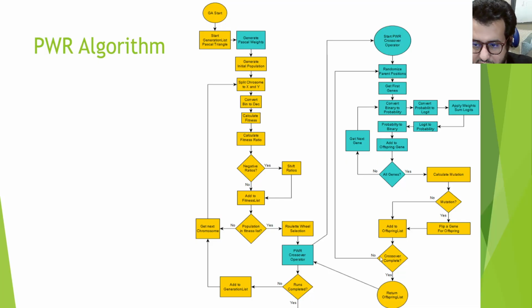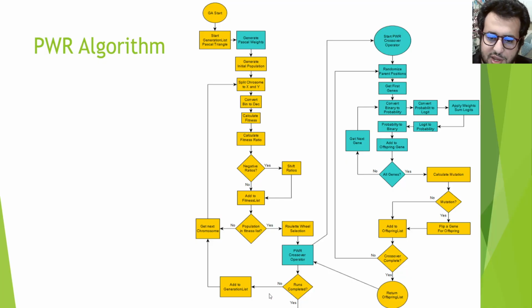And one thing I did here was, instead of getting a new list of parents from the roulette wheel, I just chose to use the same parents but randomize the order. And so we'll repeat this until we have the full population.